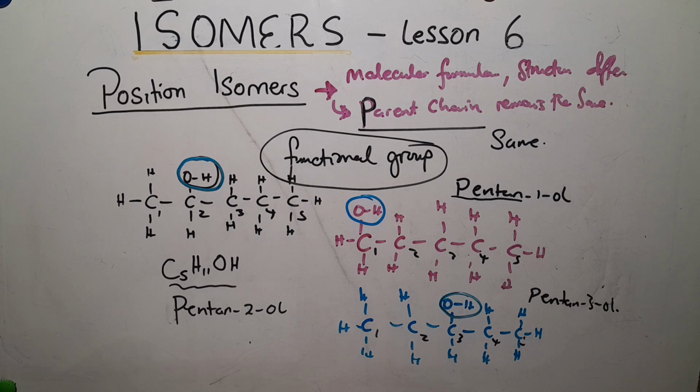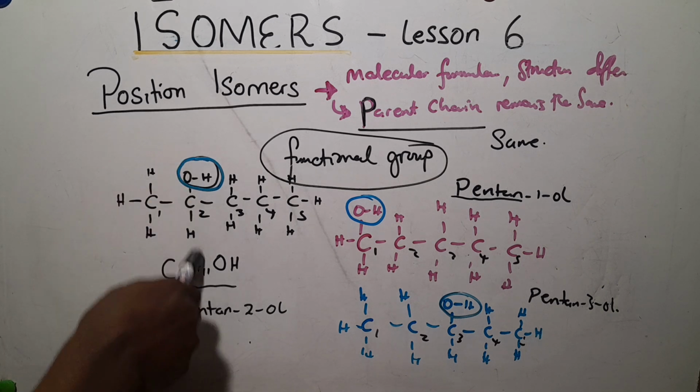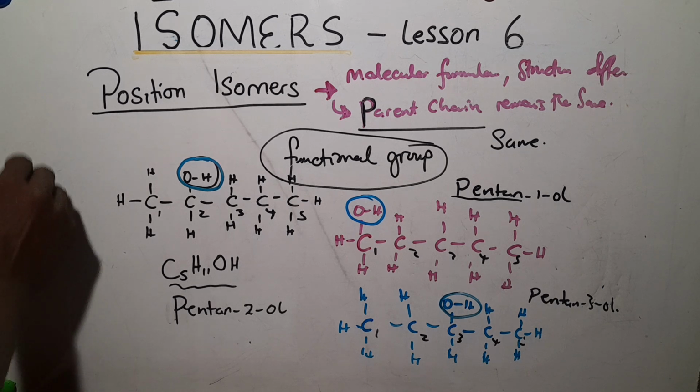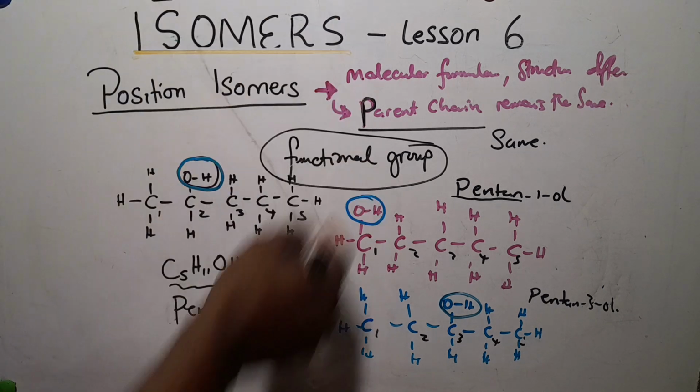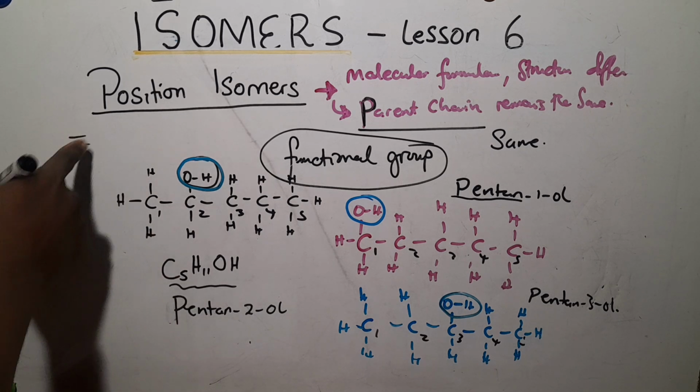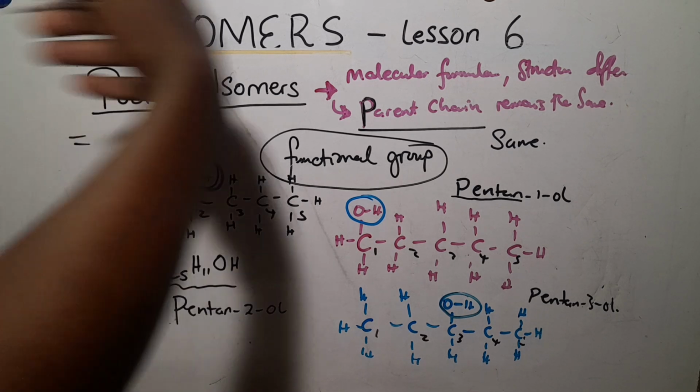So these we call position isomers. The position can be changing. This can happen between the alkyl halides. It can happen between the alkenes, like that double bond can move from carbon number 1 to carbon number 3, and so on.